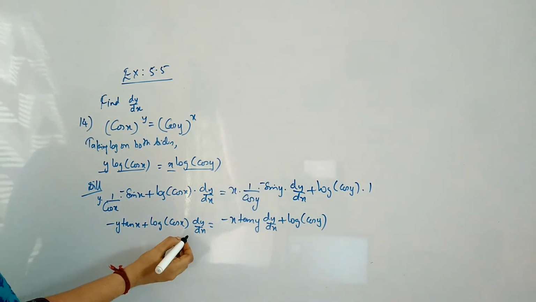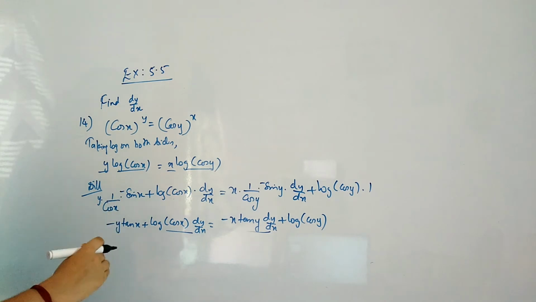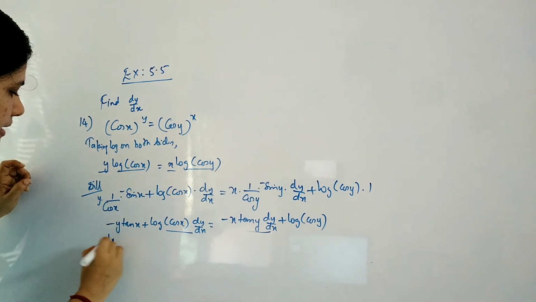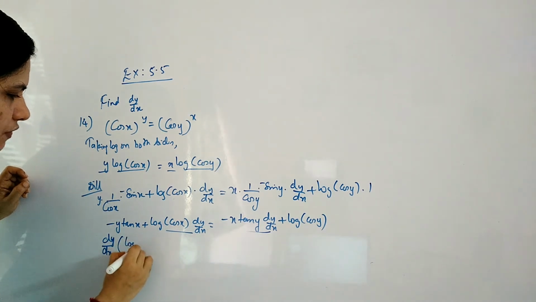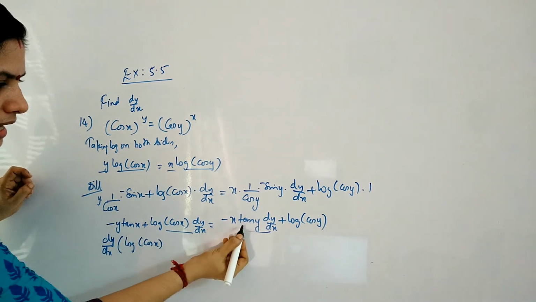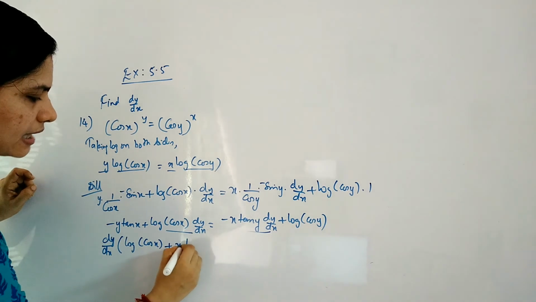Again we have to take the dy by dx terms together, so you will get dy by dx into, here you have log of cos x, that will come this side, become x tan y.